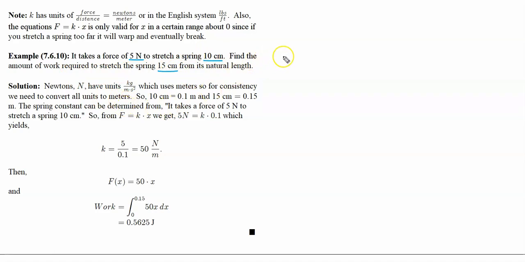What we have then is that from Hooke's law, F equals kx, right? Now we have to figure out that spring constant. That's what this first sentence is going to tell us. So it takes 5 newtons, so if we put 5 in for F, to stretch a spring 10 centimeters. Now 10 centimeters, remember, is 1/10 of a meter.